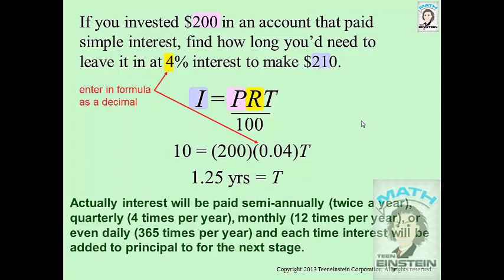That means if you use your credit card and don't pay by the due date, you will be charged by day. The interest will be added every day, that's called 365 times per year. Each time, interest will be added to the principal for the next stage. So only compound interest is used everywhere in practical purposes.